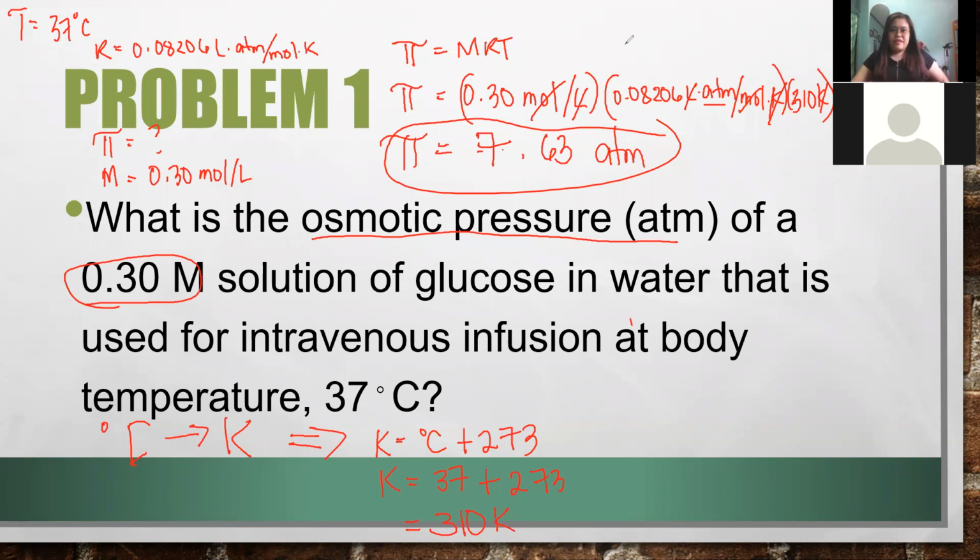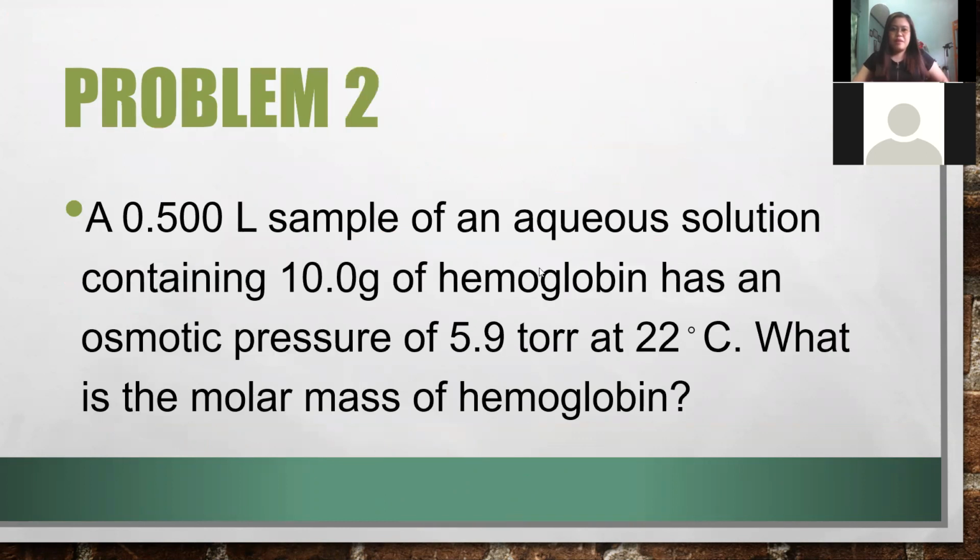Sige. So let's move on sa problem number 2. You read the problem, you analyze it, and then you try to solve, and then PM me your answer. The first 5 will also get additional points sa exam. Okay? So I will wait for your answer.